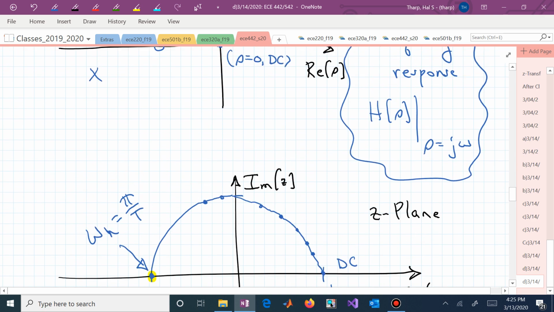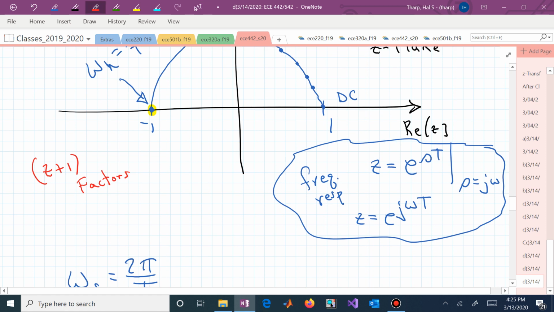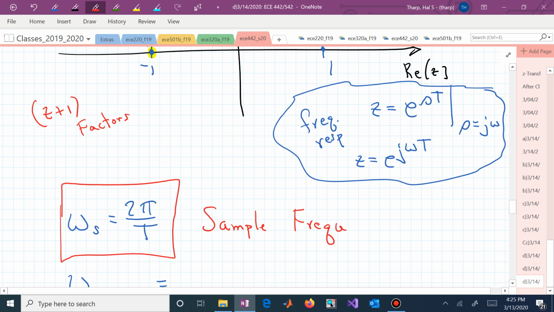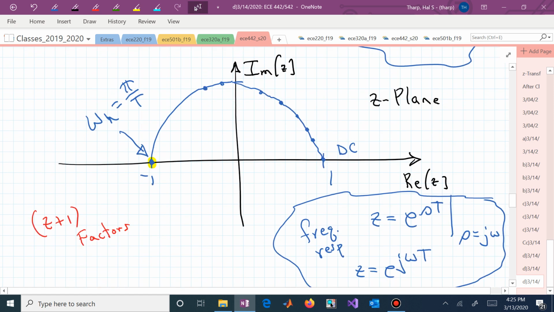Again, we're walking up the imaginary axis in the s-plane, or now we're replacing z everywhere with e to the j omega T. Well, we know that the sample frequency is related to the sample period by omega sub s equal to 2 pi over capital T. What's the highest frequency that we can actually sample? And now I'm suggesting by this labeling of the z-plane that our highest frequency that we can actually represent in the discrete time setting is pi over 2.